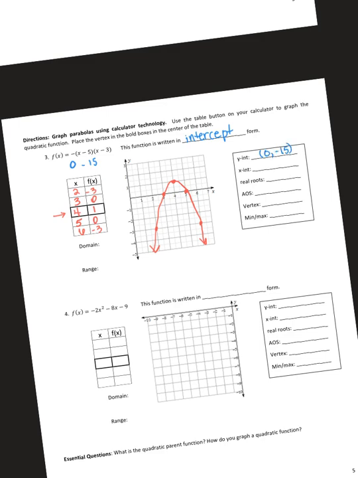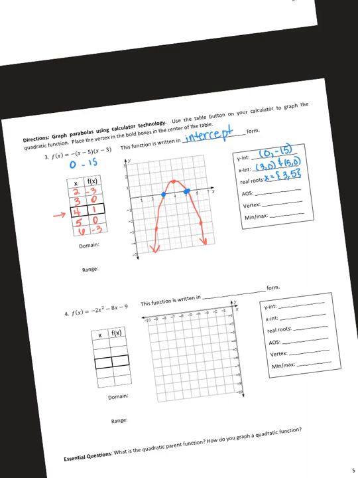Your x-intercepts, where we're crossing the x-axis, are going to be at (3, 0) and (5, 0), which means that we do have two real roots, two places where it crosses the x-axis. So x is equal to 3 and 5, the set {3, 5}.